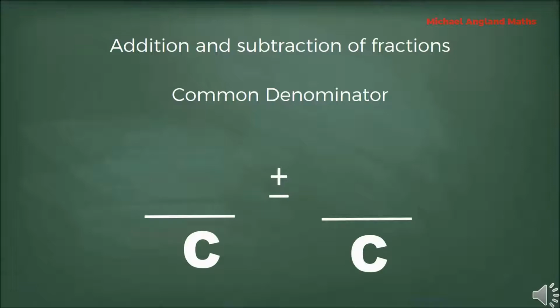Before we can write our 2 or 3 or 4 or however many fractions we're adding over one common denominator, we need to convert them all individually so that they have a common denominator, as we can see here in this case with 2 fractions which share a common denominator.